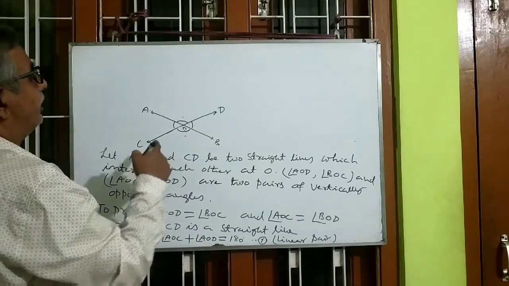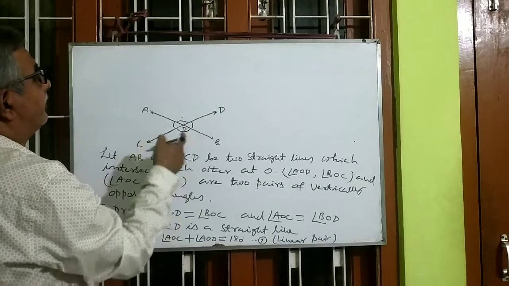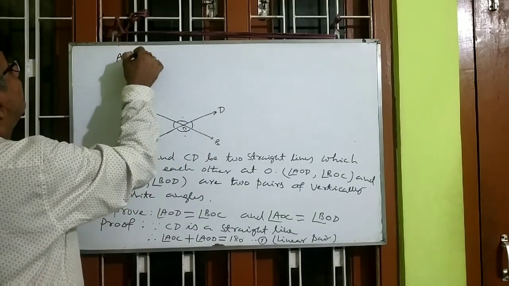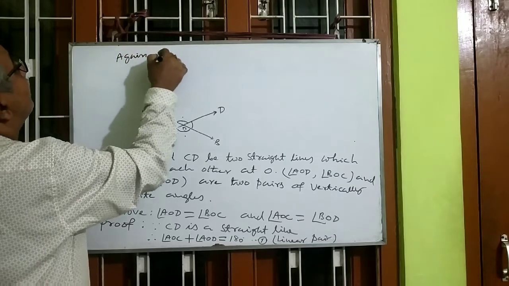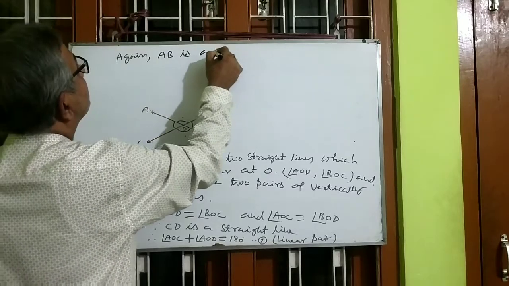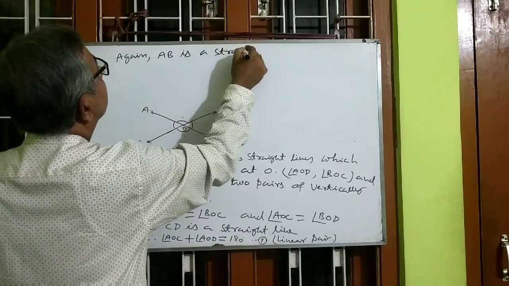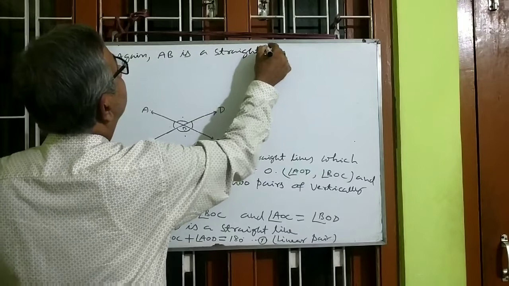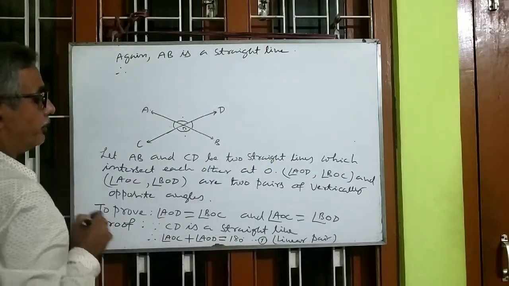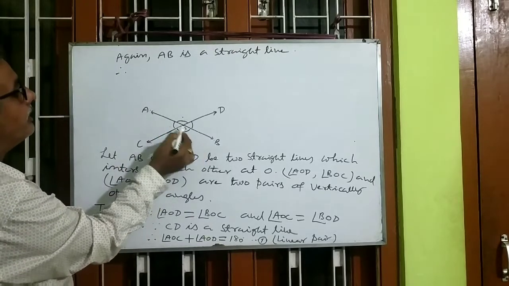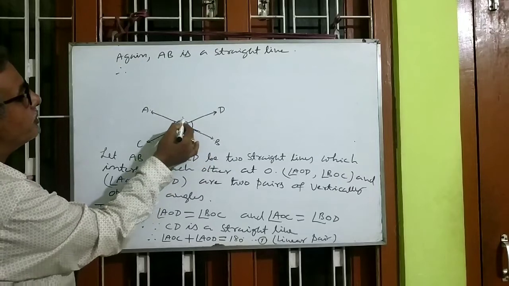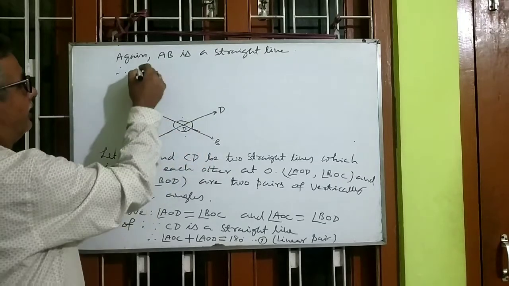Again you see, you keep this angle common. Again AB is a straight line. Therefore, what you can write? AB is a straight line means this angle plus this angle again will be a straight angle or linear pair.